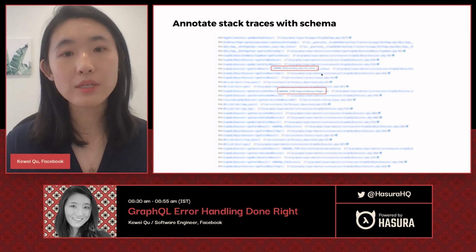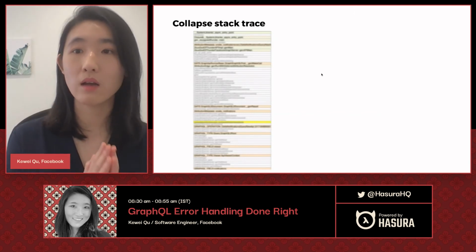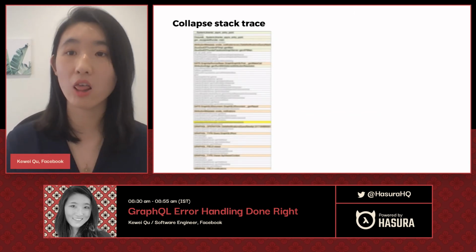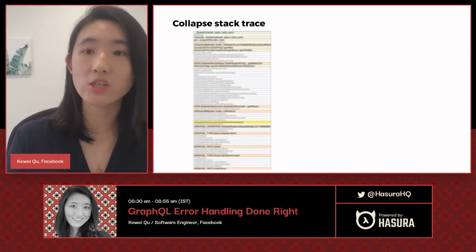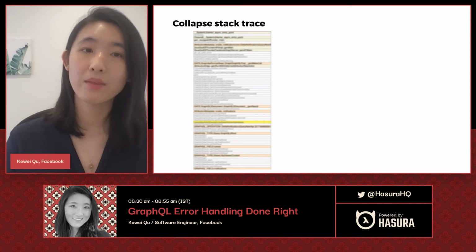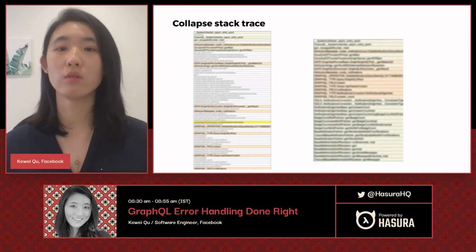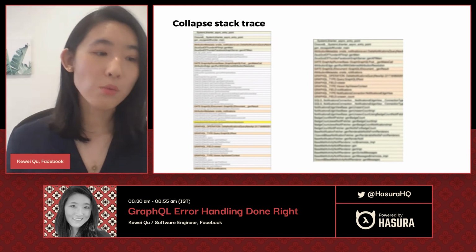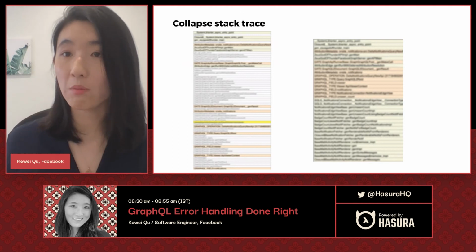So what we do with this information is we collapse the stack trace. This is the same stack trace, but it's colored, where the highlighted color is your GraphQL schema information and everything else is grayed out. And you collapse this stack trace into the GraphQL stack trace. With this stack trace, you can actually inspect it pretty easily using human eyes.